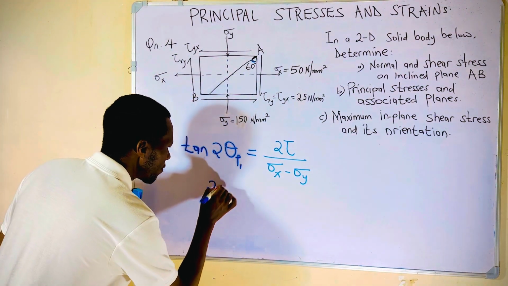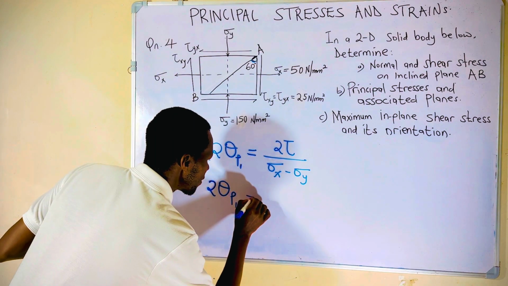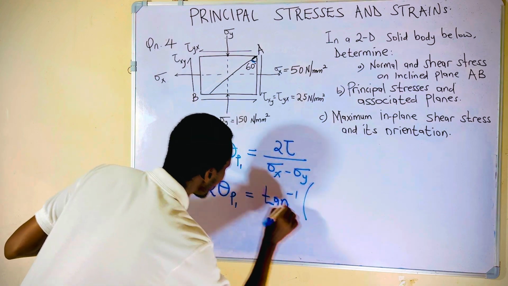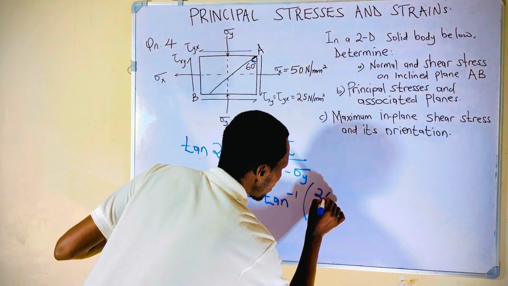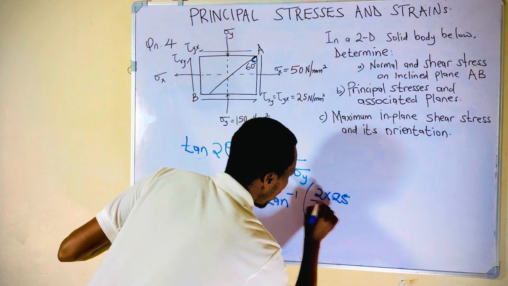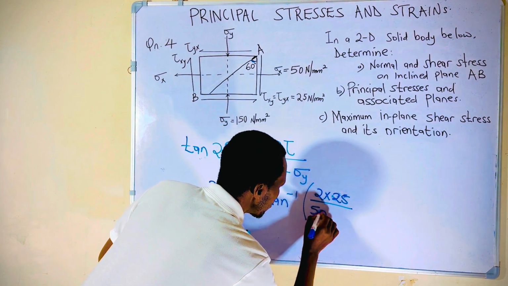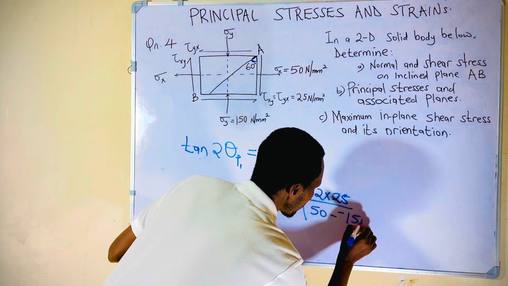I want to remain with 2 theta P1, so this is going to be tan inverse, because I'm taking tan this side, of 2 times 50 times 25 mm divided by sigma x, which is 50, minus 150.